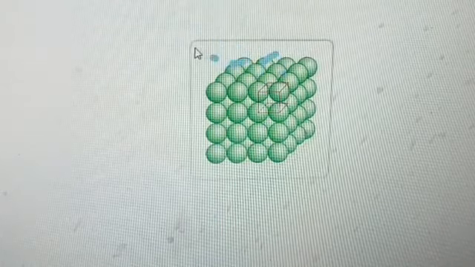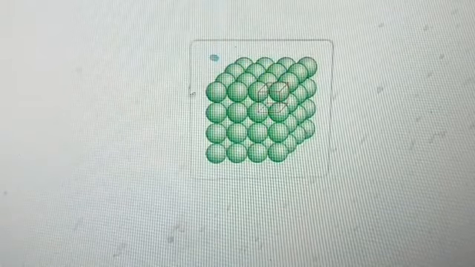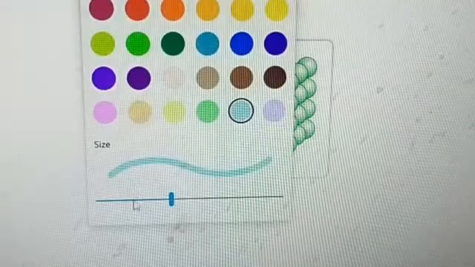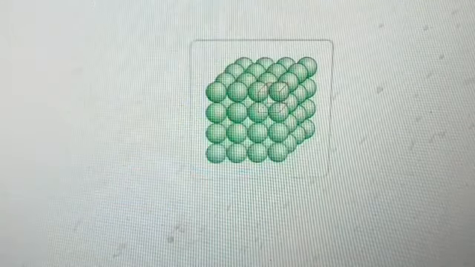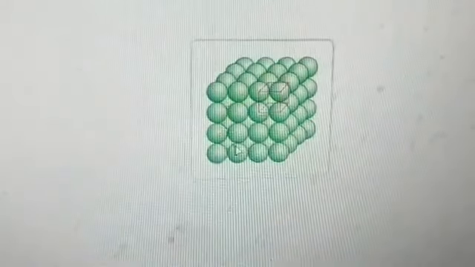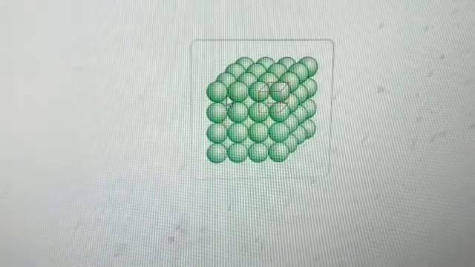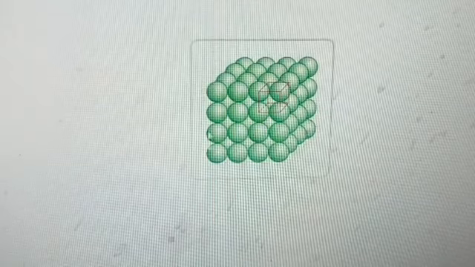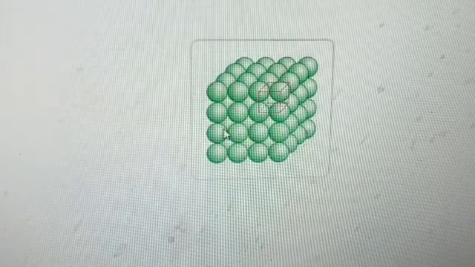An A type of arrangement. So when we arrange the layers one by one like this, they are horizontally fixed perfectly and vertically also fixed perfectly.